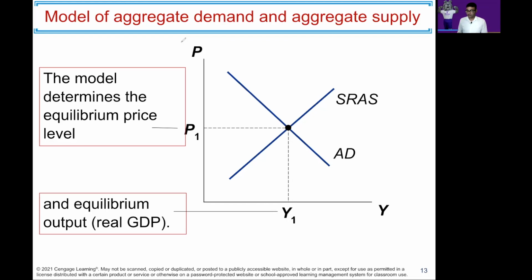Okay, so before we start, when we think about aggregate demand, you always think about this equation. It will help you to understand the concepts. So this is Y equals C plus I plus G plus NX. And when we talk about your supply curve, not short run and long run, always remember our production function.